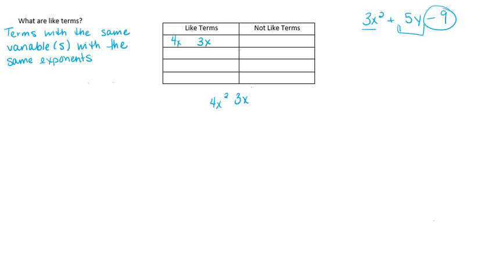Now they both have an x, but one has a square and one doesn't. So those are not like. All right, next one. 4x squared, 3x squared. Same variables, same exponents, they're like.